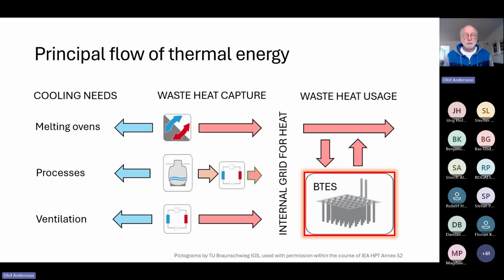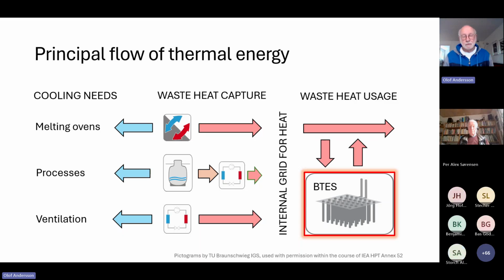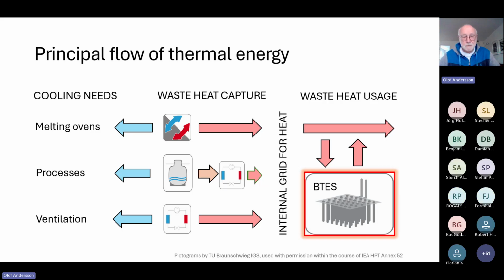This is captured, and has been captured over the years in different ways. In the center, you may see here, that's a cold water basin, and that is connected to cooling towers.